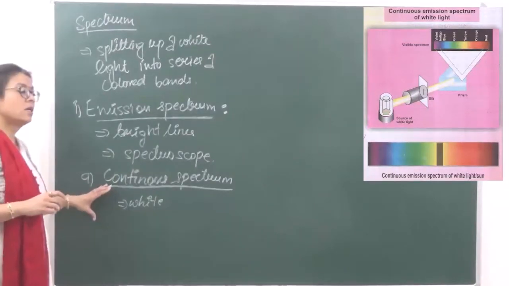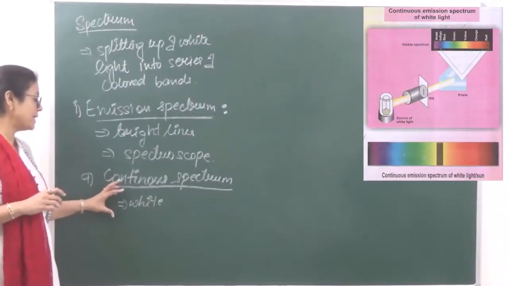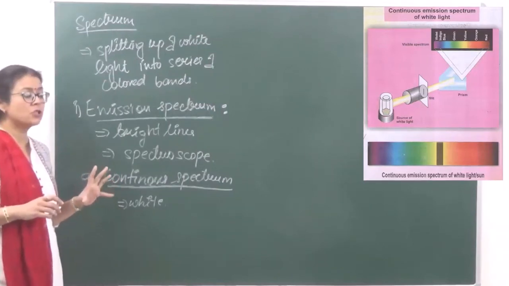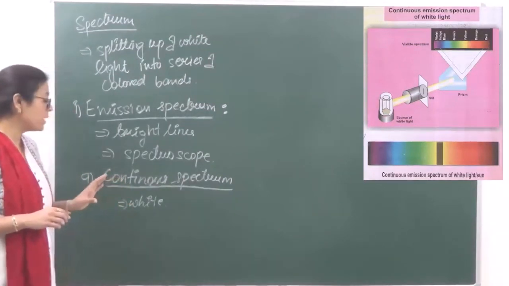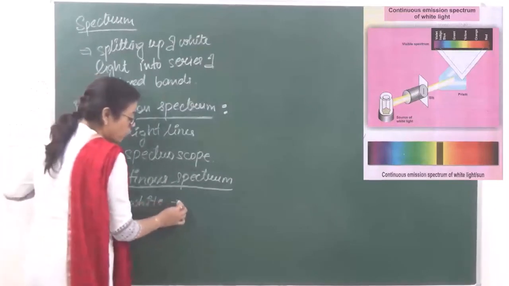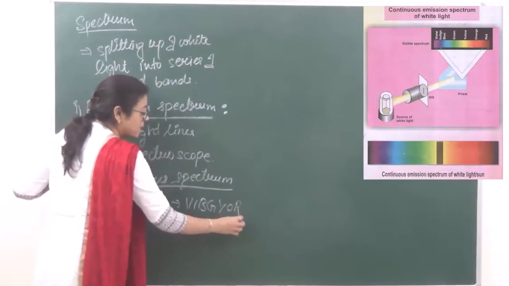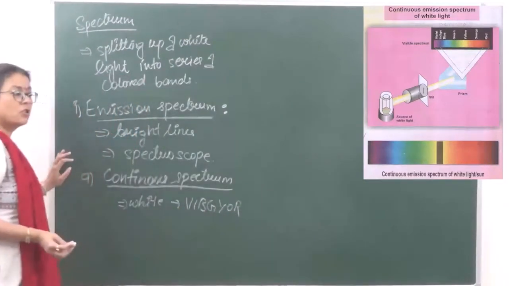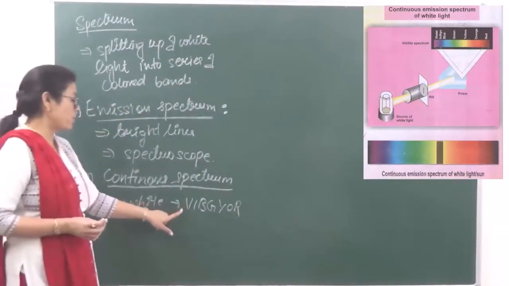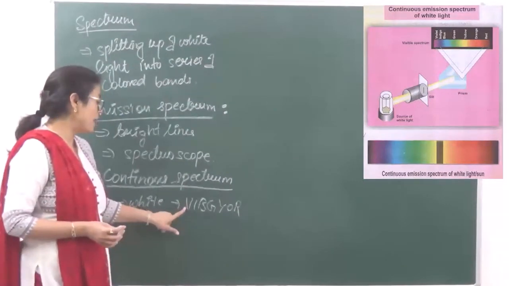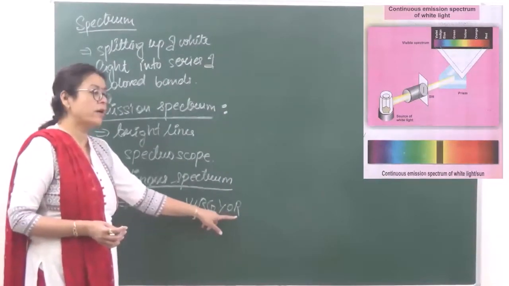In continuous spectrum, when this white light is passed through a prism, it is going to give us the colors of the rainbow. That is, we are getting a spectrum with all the 7 colors of the rainbow. Okay? So, violet, indigo, blue, green, yellow, orange and red.